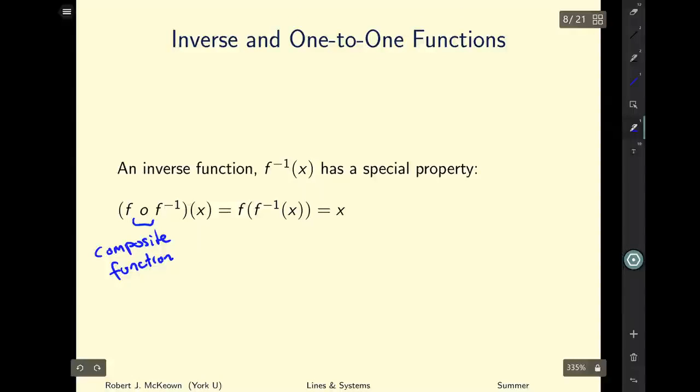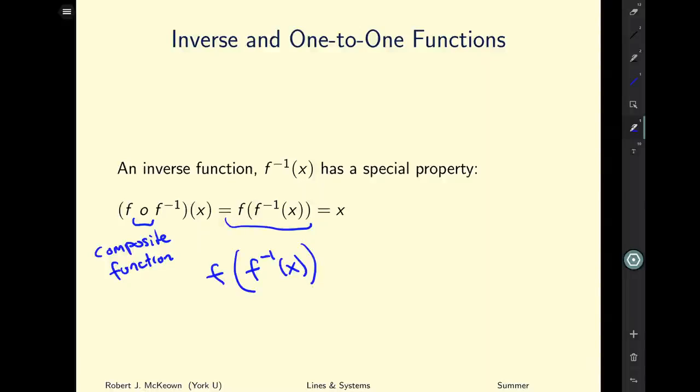And more commonly, it's written like this, which is basically to say that if we have the inverse function and we plug it into the original function, we're going to end up with just x, whatever that x value is.